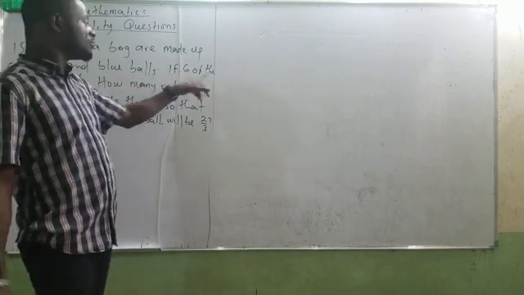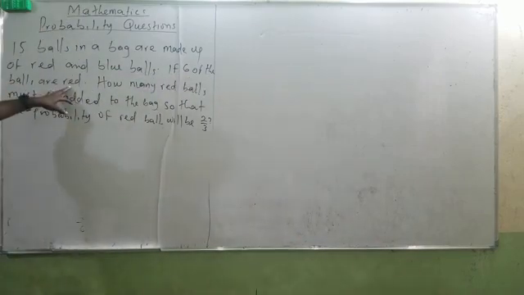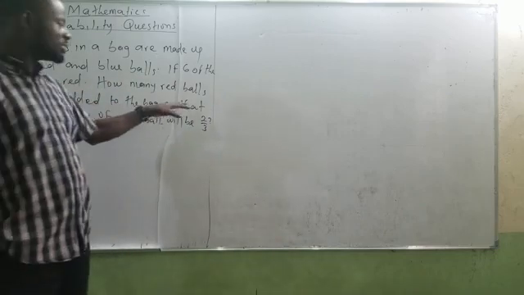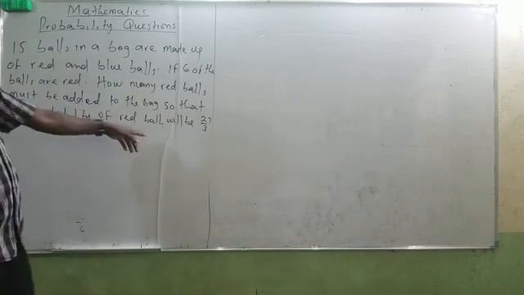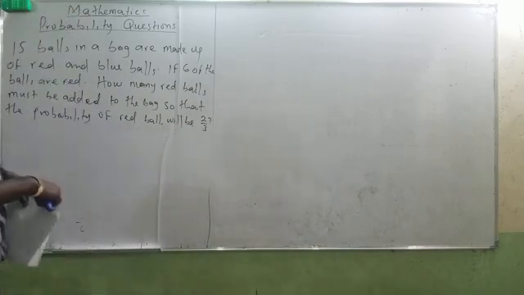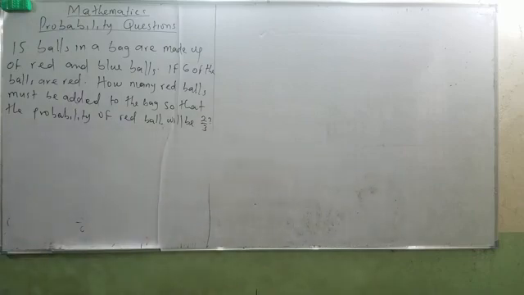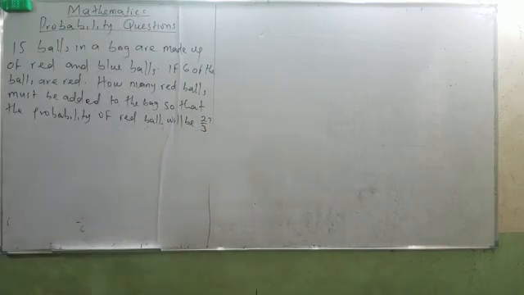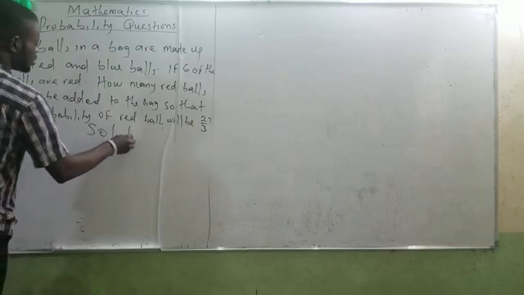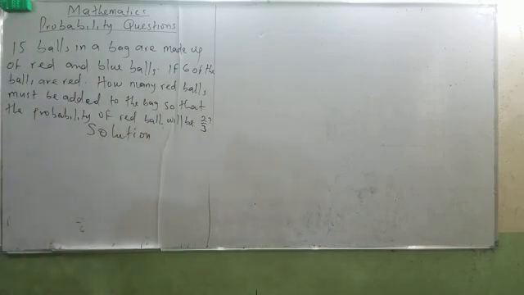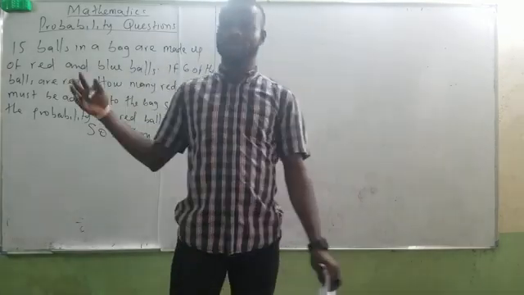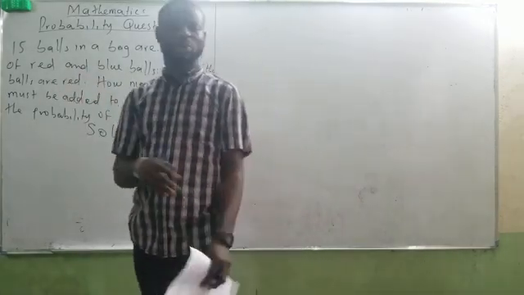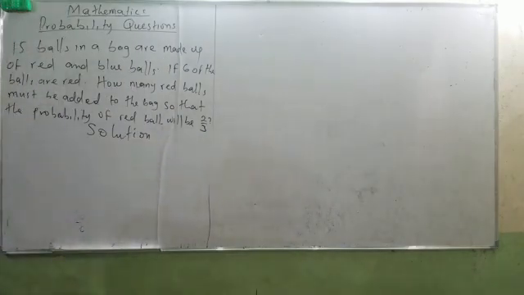If 6 of the balls are red, how many red balls must be added to the bag so that the probability of a red ball will be 2 all over 3, sorry. Now, how do I solve this? Let's solve it together. That will be the last question on this part.